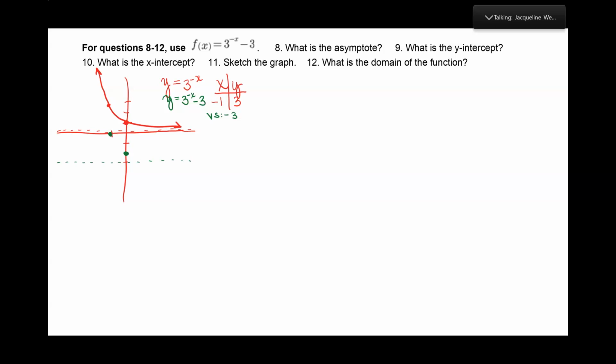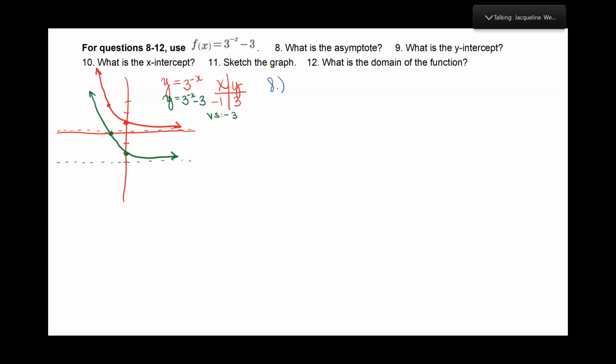All right, so if your asymptote was at 0, if it comes down 3, where is it? -3. If your intercept was at 1 and it comes down 3, where is it? -2. And this point over here, -1, 3, bring it down 3, and you'll have -1, 0. All right? So then we can sketch our shifted graph.